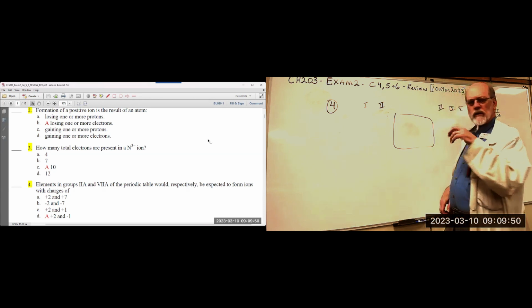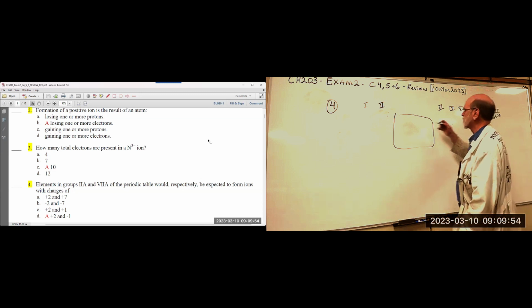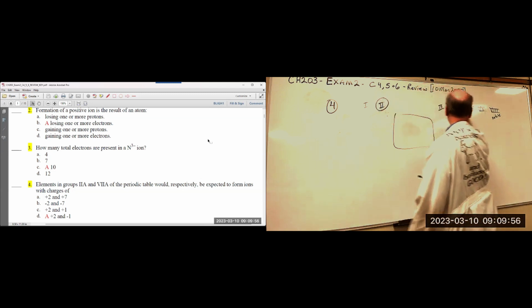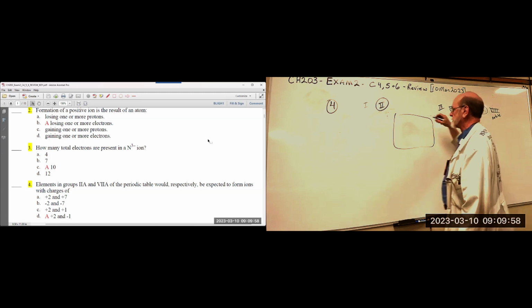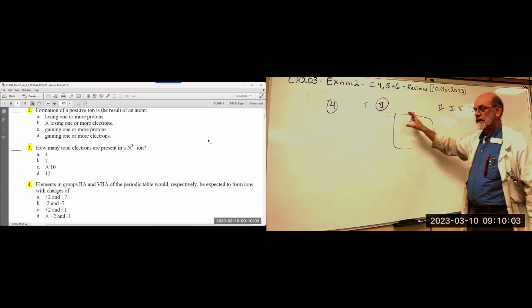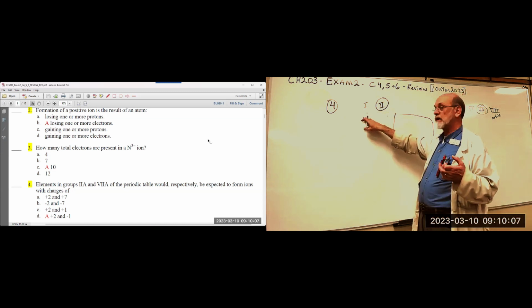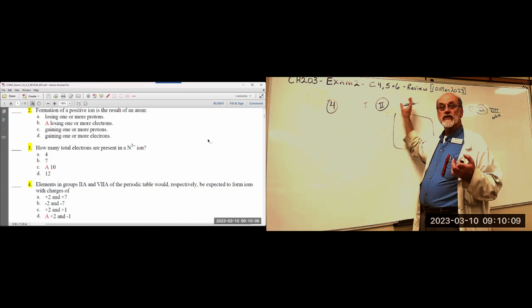Okay, so we're on 4, 2A and 7A. So we're looking at this group and this group. On this side, the metals, they form ions by losing their valence electrons. So if you got 1 or 2 valence electrons, it's going to lose both of them.